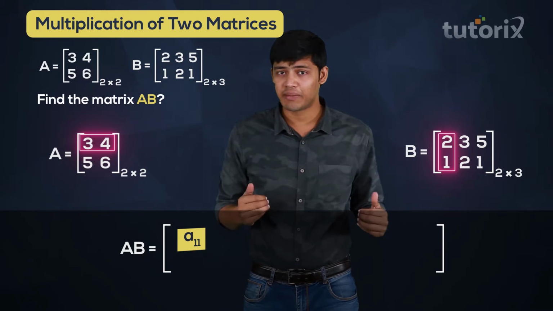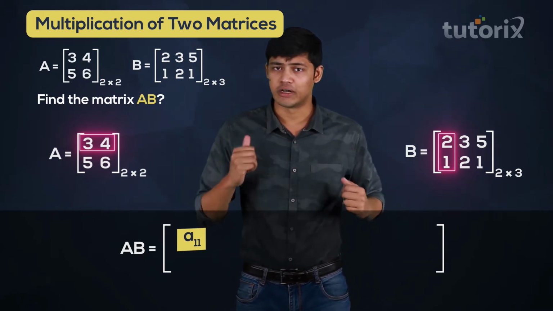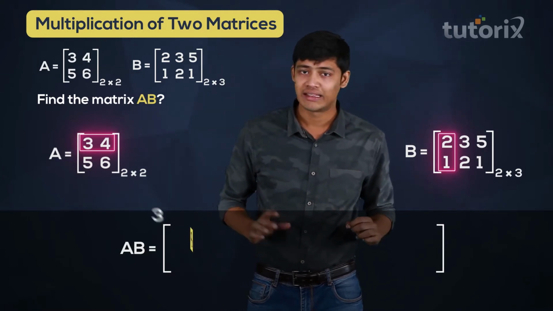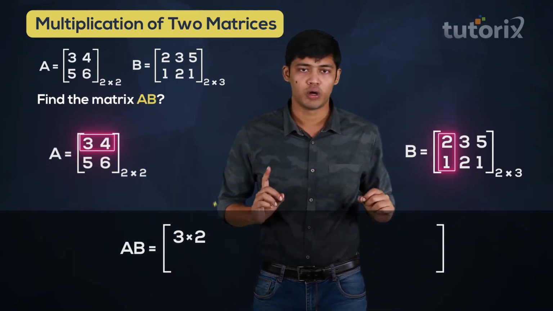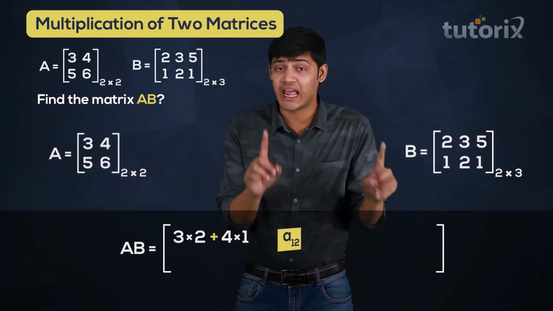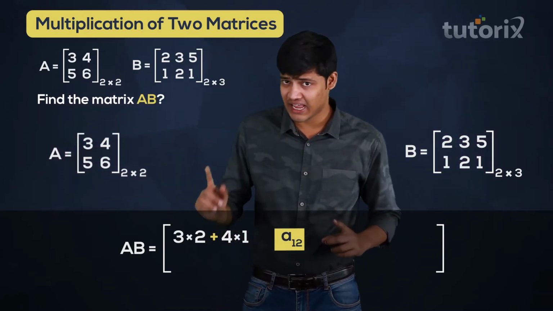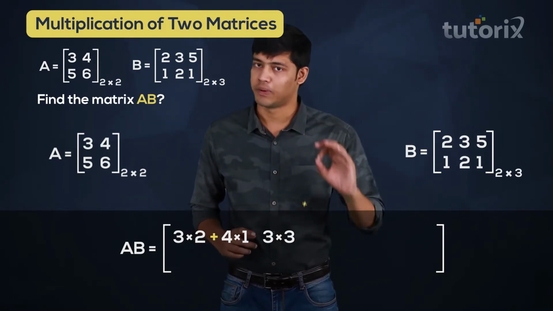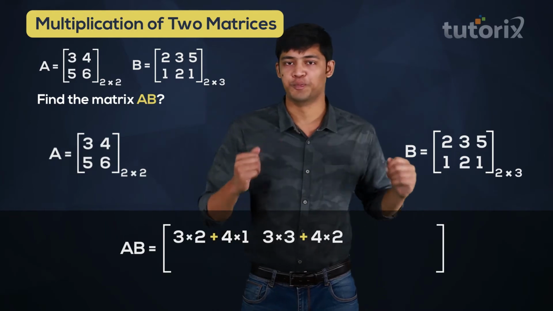So the element a11 of the product matrix AB will be equal to 3 multiplied by 2 plus 4 multiplied by 1. Now the element a12 of the matrix AB will be 3 multiplied by 3 plus 4 multiplied by 2.